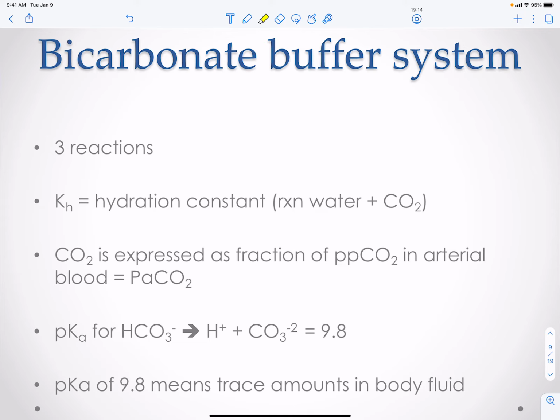All right, so our bicarb buffering system is basically the main extracellular buffering system to eliminate metabolic CO2. This really is three reactions. We have, of course, our CO2 released by our cells, and we have our aqueous environment, which is in our blood. This is going to become carbonic acid by carbonic anhydrase. Then, because of the pH of our blood, this is going to quickly dissociate into bicarbonate.